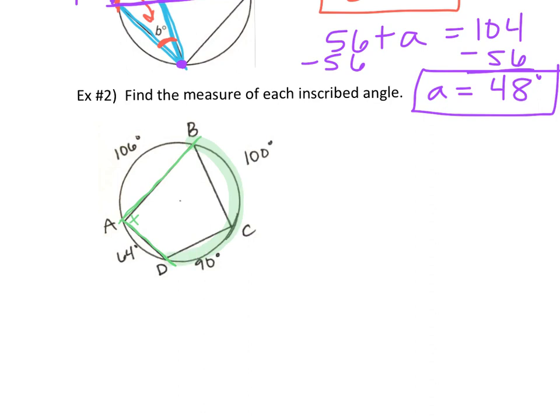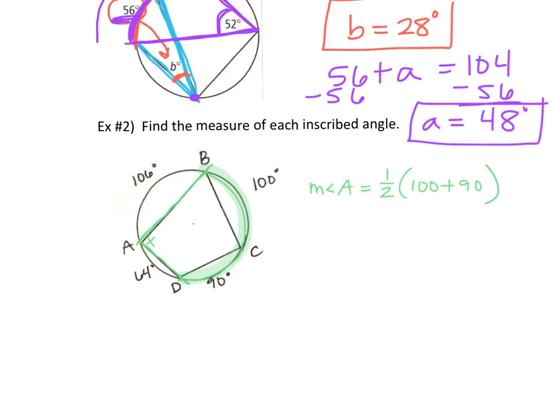So ask yourself, how big is that arc? Well, that arc is 190 put together. So we would say angle A is half of that 190 put together. So half of 190. So the measure of angle A is going to be 95 degrees. Okay, so that's angle A.